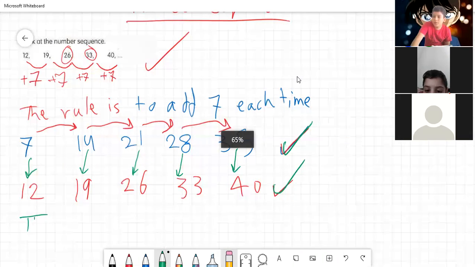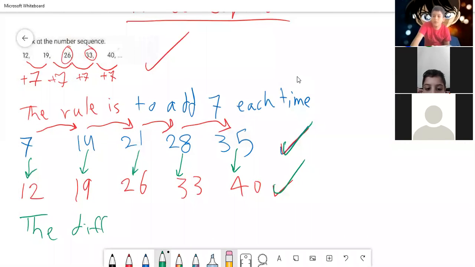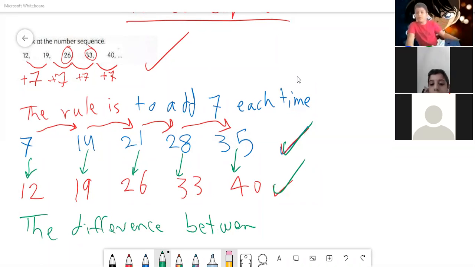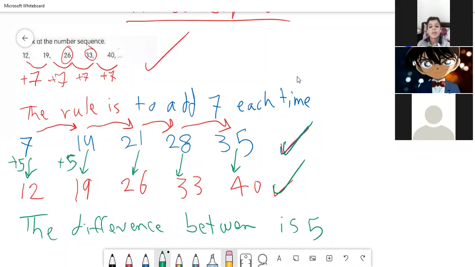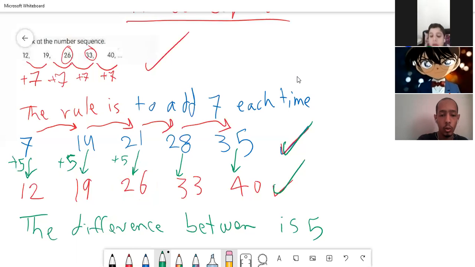So the difference between each two numbers of the two sequences is 5, right? So 14 plus 5 is 19, 21 plus 5 is 26, 28 plus 5 is 33, and 35 plus 5 equals 40.